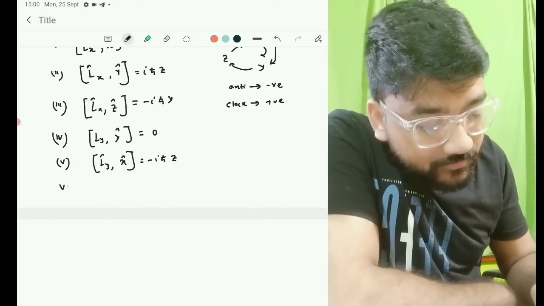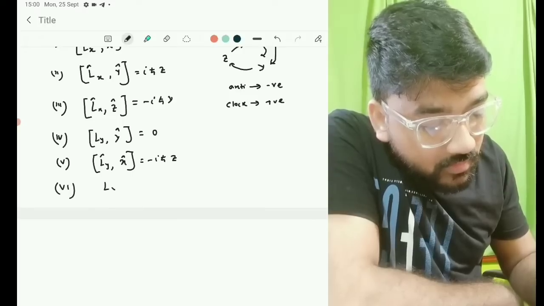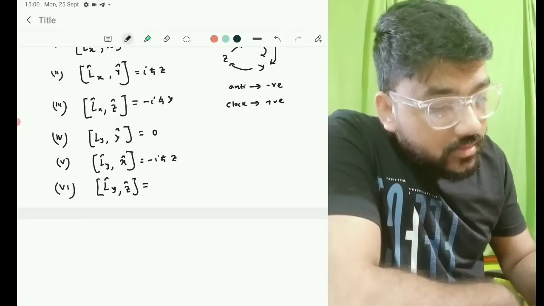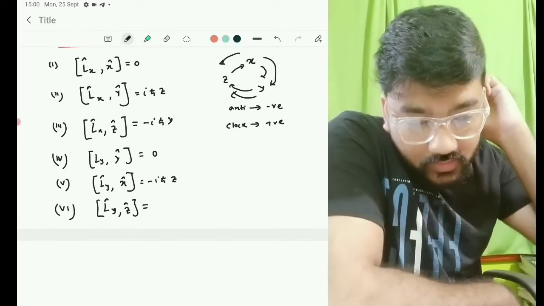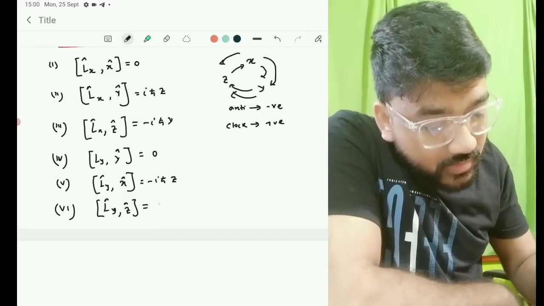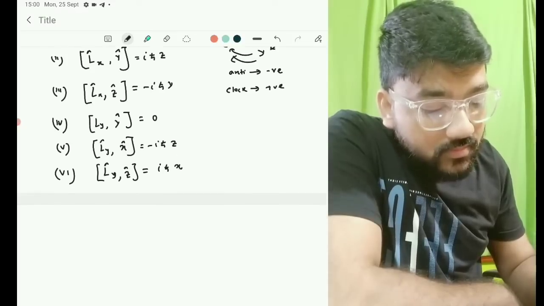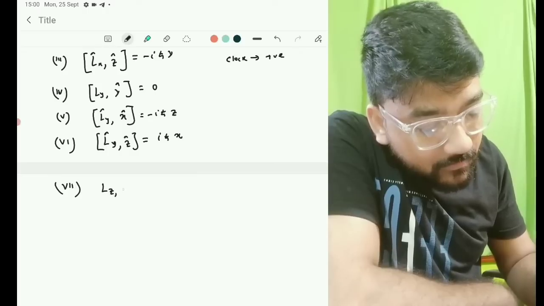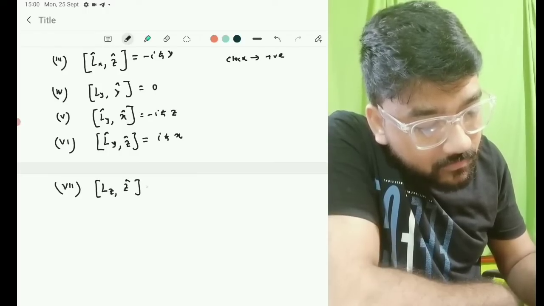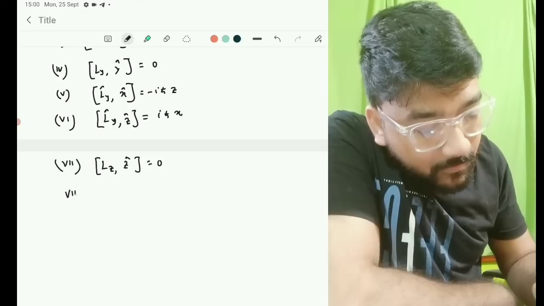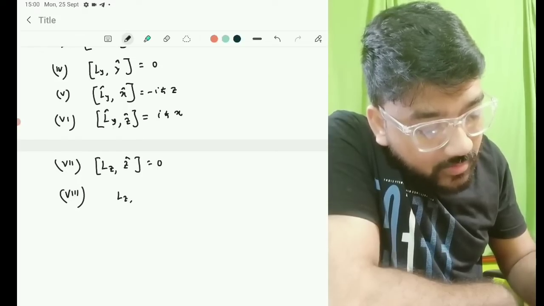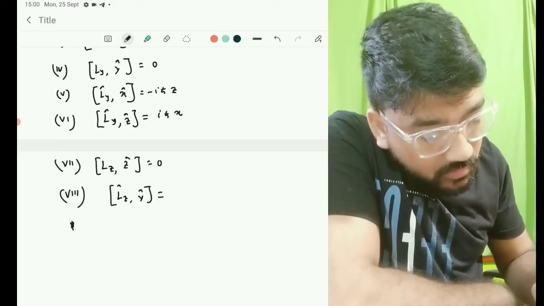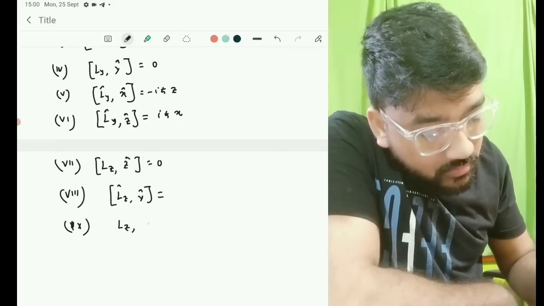Similarly, if you take Ly with z, then y to z is clockwise, so it will be positive, so i h cross x. Similarly, if you take Lz with z, then this will be 0. But if you take Lz with y, and you can take Lz with x.